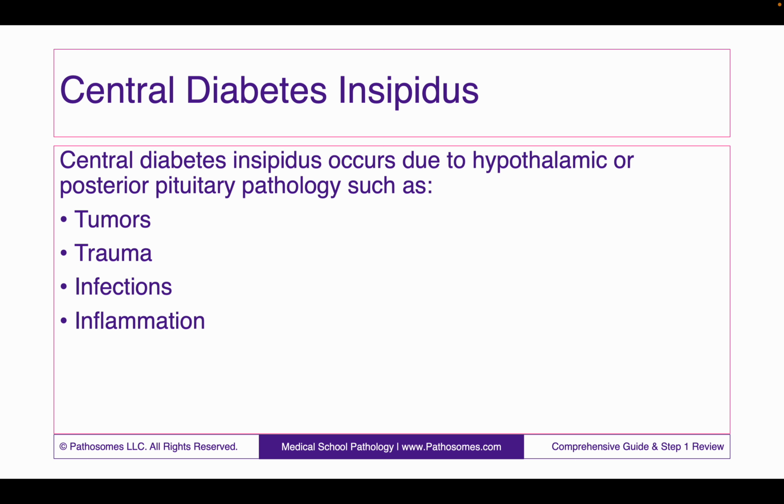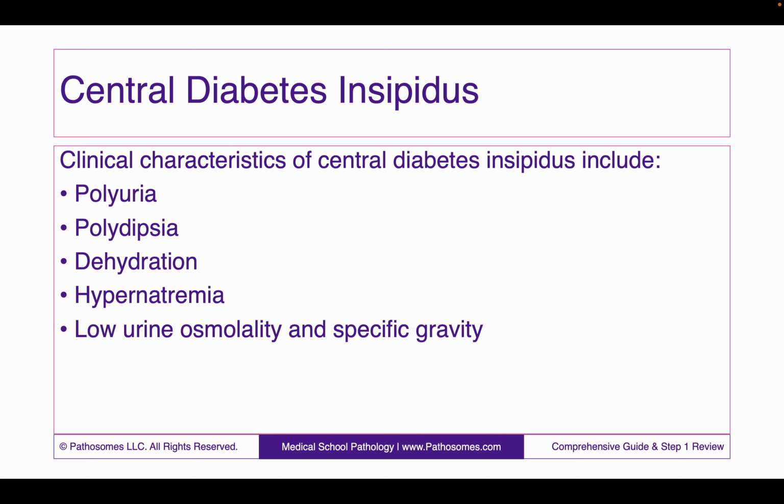It can have a massive growth there, inhibiting normal physiology. Trauma, right? If it's involved in some sort of collision, fracture, disruption. Infections, right? It can have bacteria in there causing havoc, running amok. And inflammation, right? All these are issues that can lead to central diabetes insipidus.